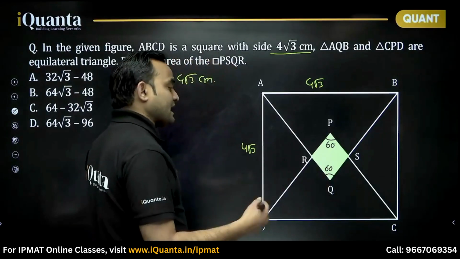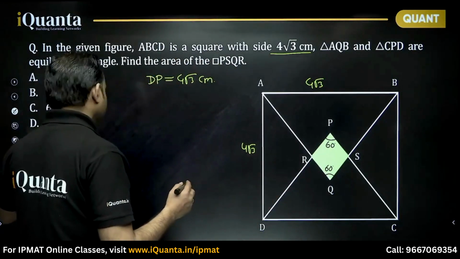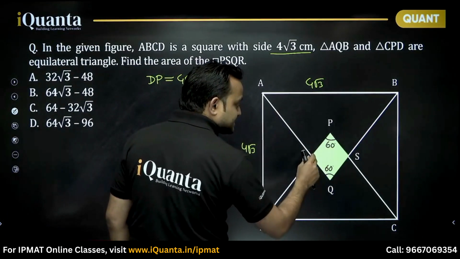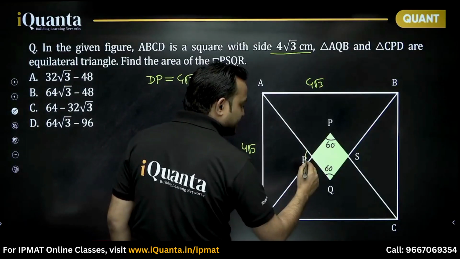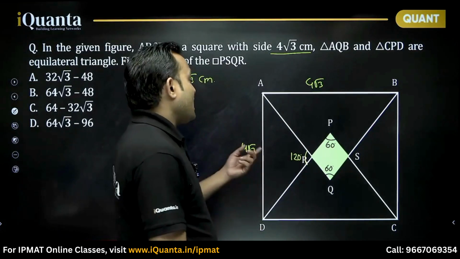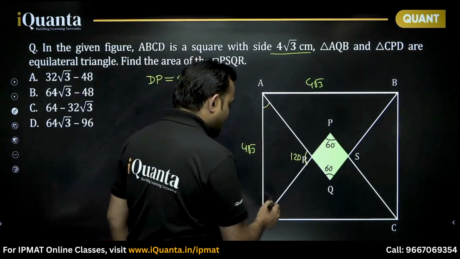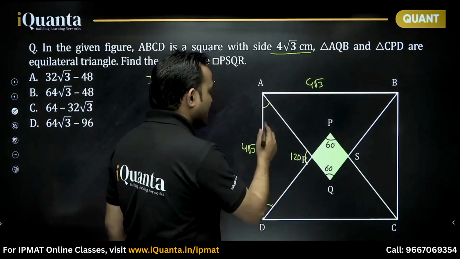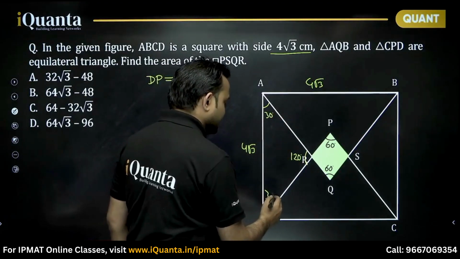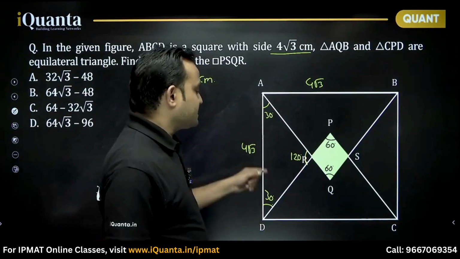Now, in any triangle, can we say that if this is 60, this is 60, this angle must be 120 degree. So the vertically opposite angle will also be 120 degree. And AR will be equal to RD. So these two angles will be 30 degree. So 120, 30, 30 triangle.